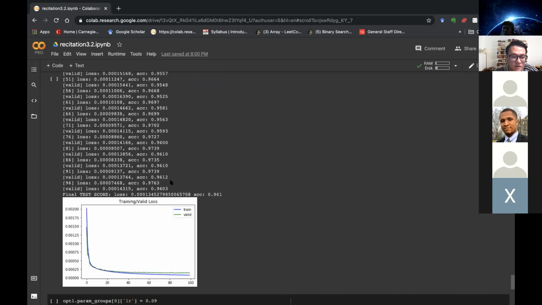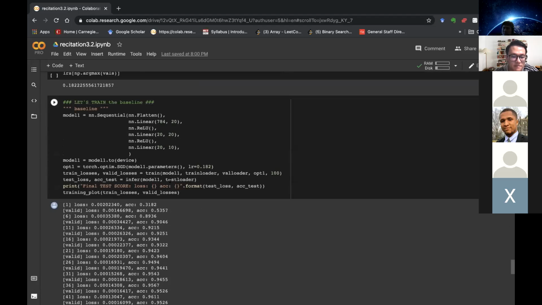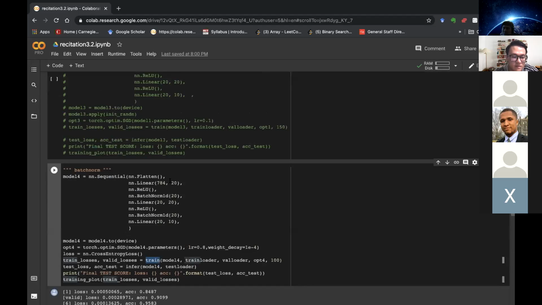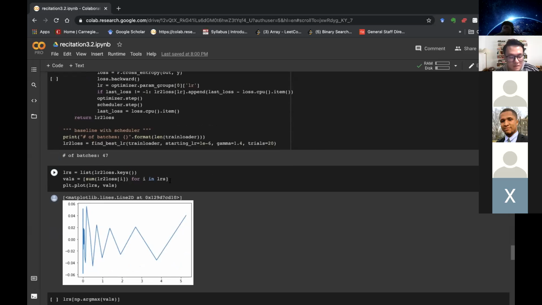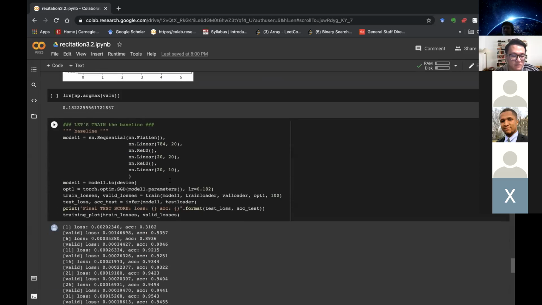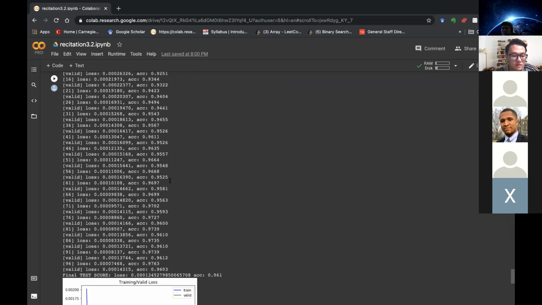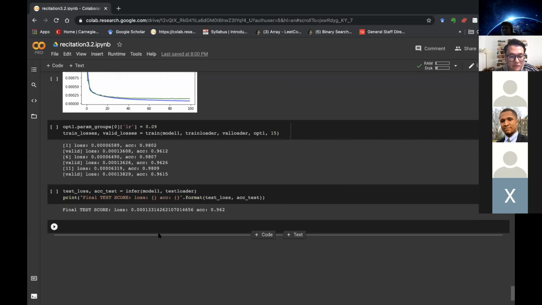The following code is very similar to this one, so maybe you need to go through this. It is very easy to see what's going on here. So I guess that's all for today.